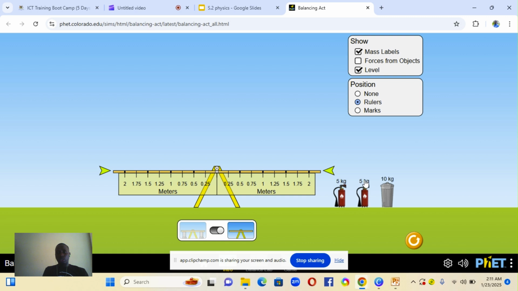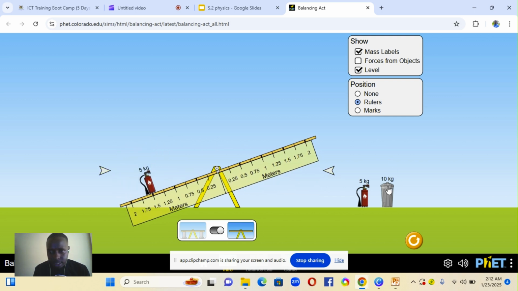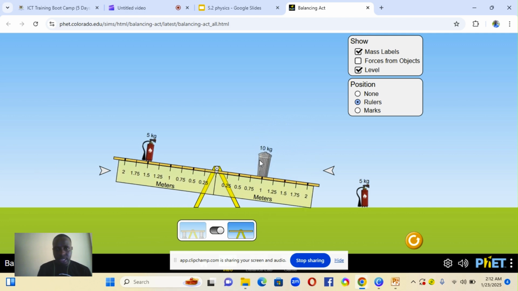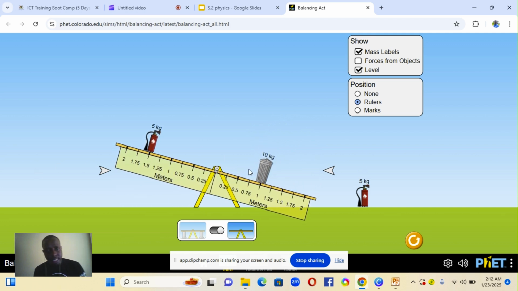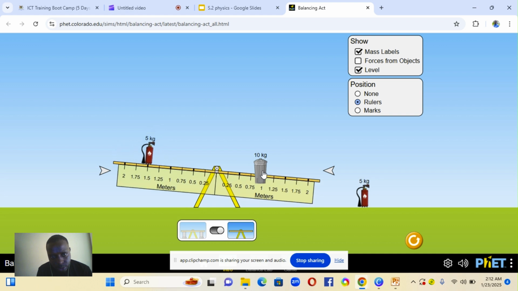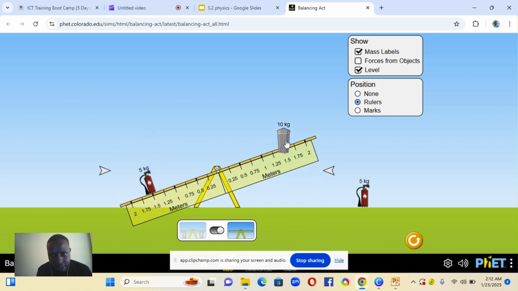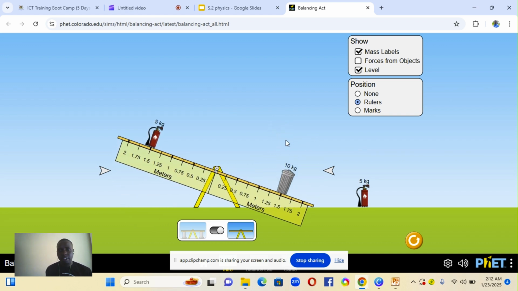Now, to see how mass or force affects moment of the force, we are going to put two masses of different magnitude at the same distances. So 5 is at 1.5, and the 10 is at 1.5.